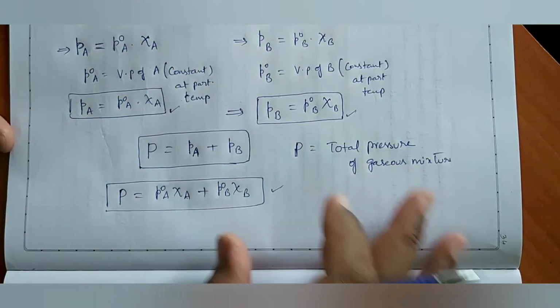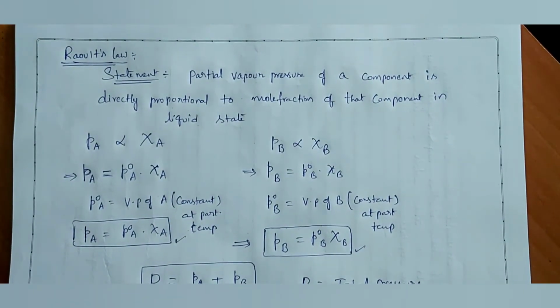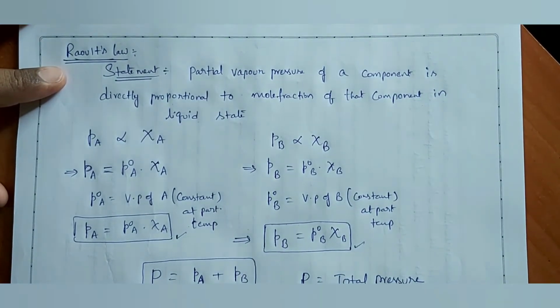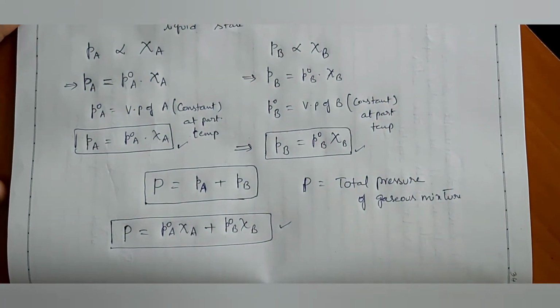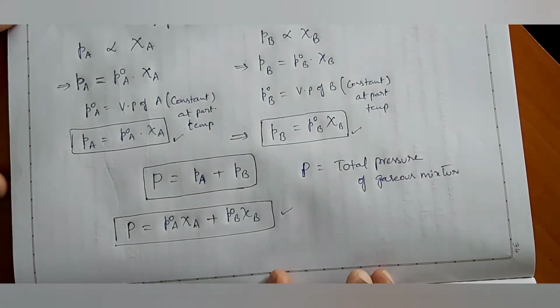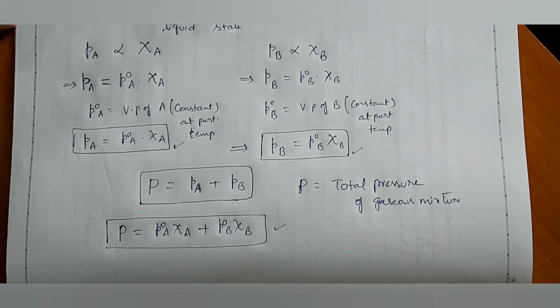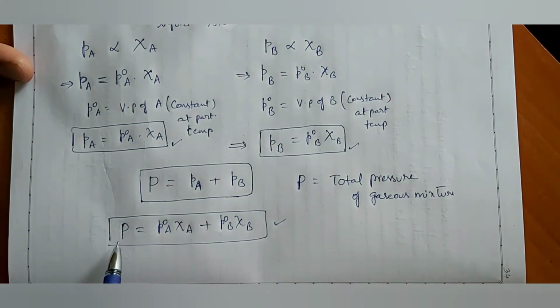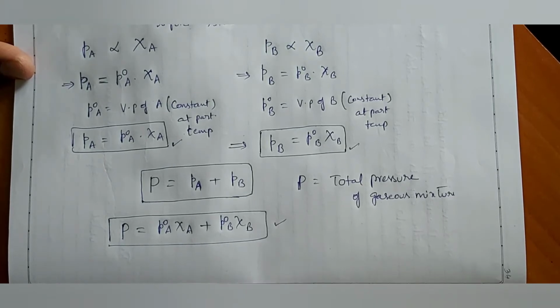Next, Raoult's law statement. After that, this formula: Pa is equal to P naught A into chi A, Pb is equal to P naught B into chi B, capital P is equal to Pa plus Pb, where capital P is equal to P naught A into chi A plus P naught B into chi B.